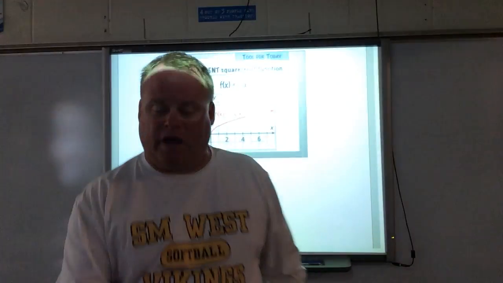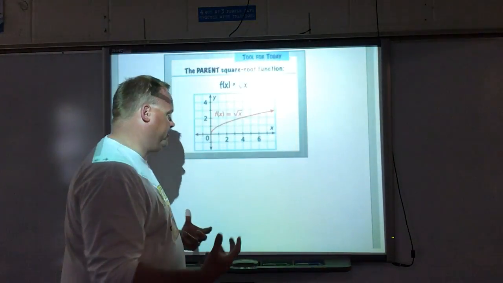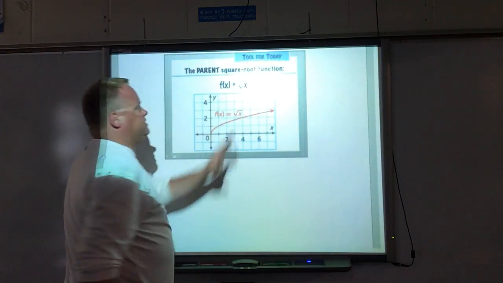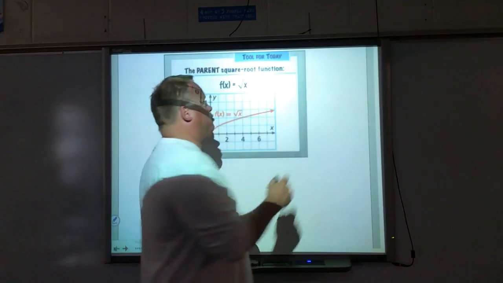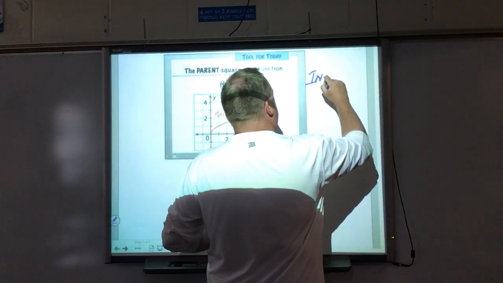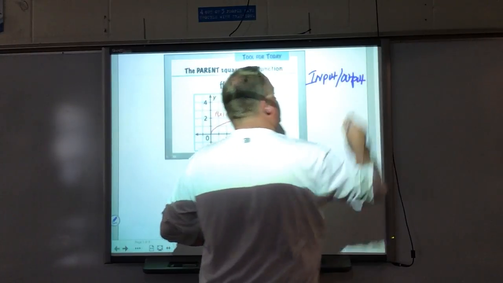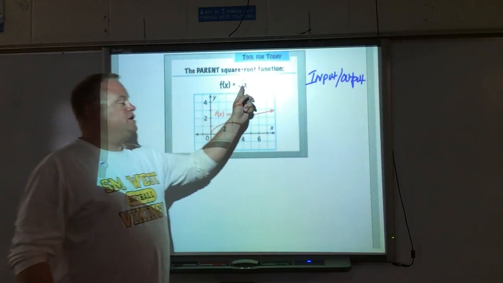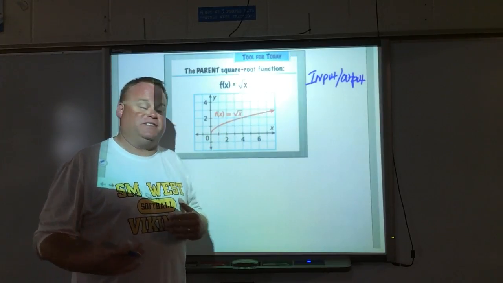The other thing is we gotta think back to some of the things we've done before. One of the good things to do, if we're going to do this by hand, is think input, output. The other thing that we need to think of is what happens when a radical becomes negative inside.